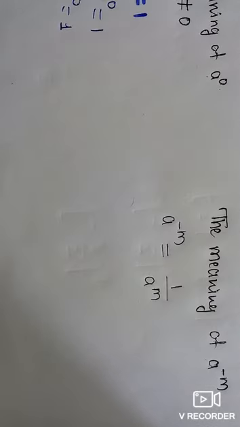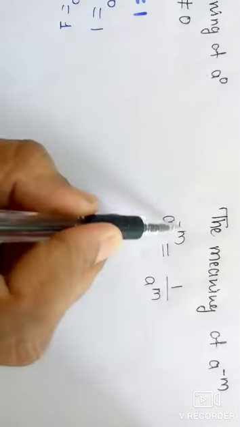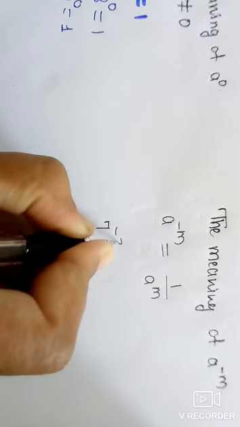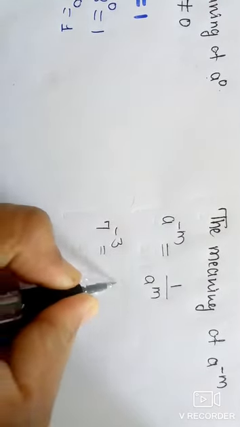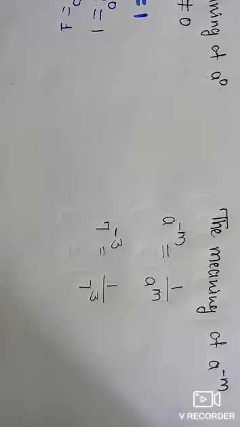So for any number, if the index is negative, we take it to the denominator place, or otherwise we take the reciprocal of that whole number, then it will be in positive form. Suppose one more example, 7 raised to negative 3. How will we write it? We can write it as 1 upon 7 raised to 3. So this index will become positive downside.